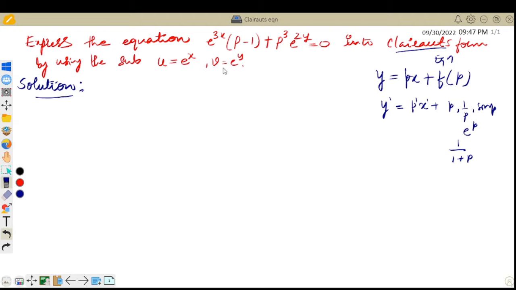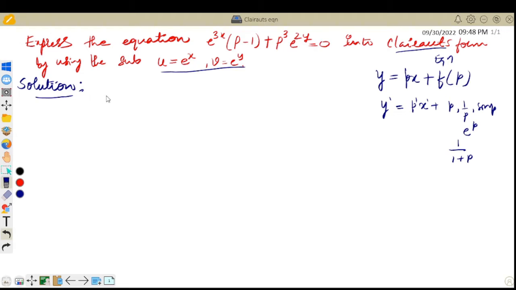Okay, so now we shall express e raised to 3x into p minus 1 plus p cube into e raised to 2y is equal to 0 into Clairaut's form by using this substitution.